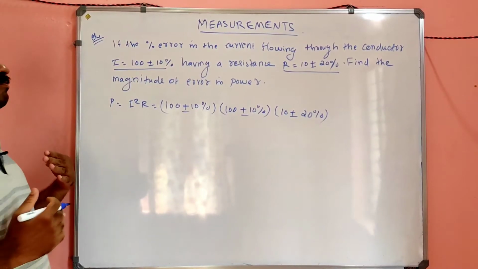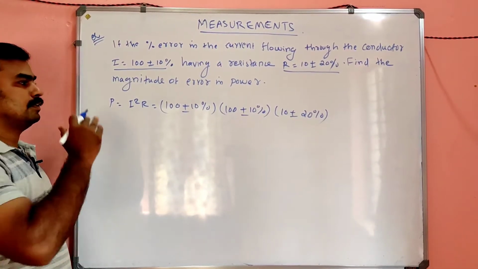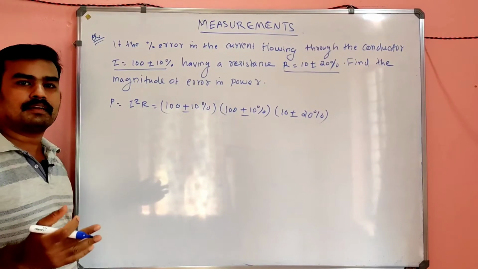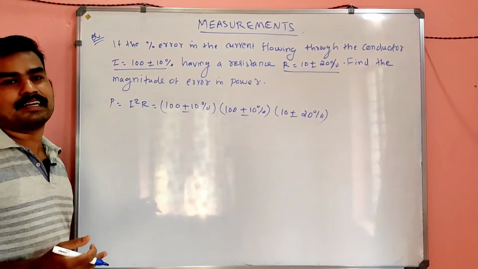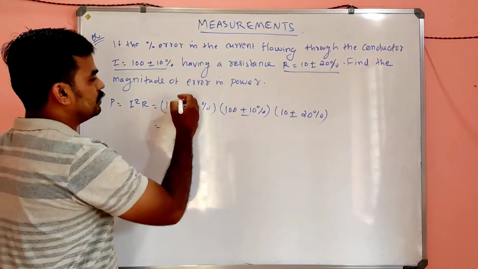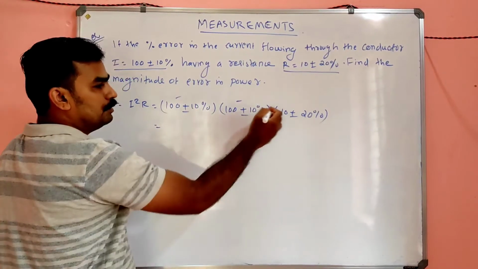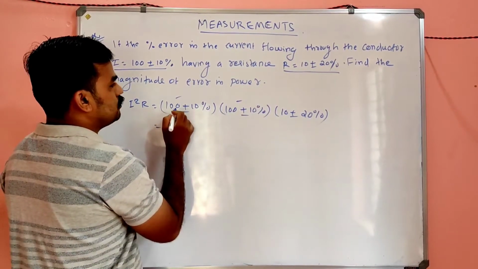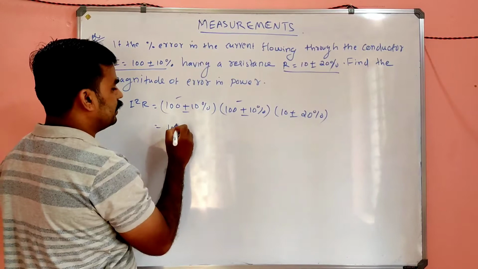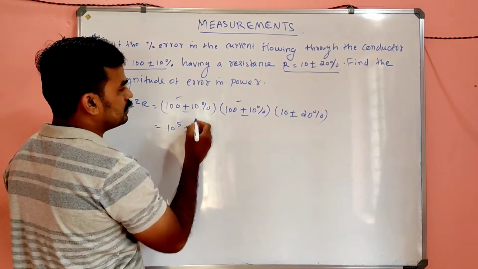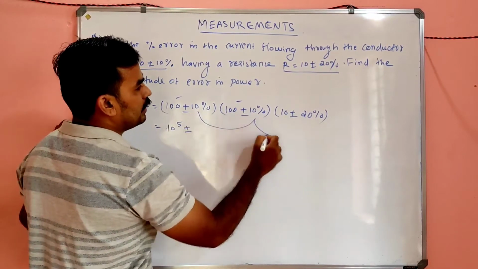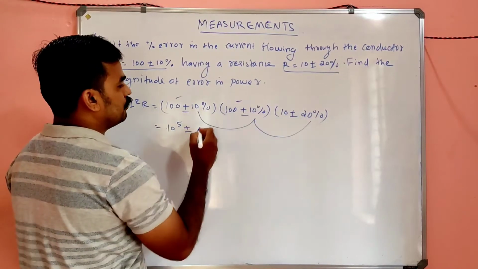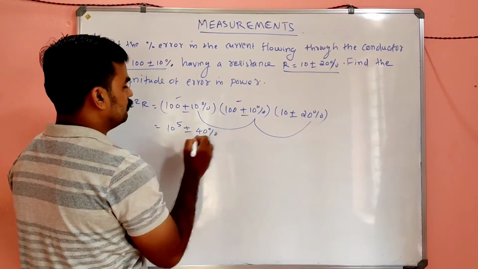So yesterday we learned that if it is in multiplication or division, the percentage of error can be added, correct? So you have to directly multiply: 100 into 100 into 10. So 10 raised to 2, 10 raised to 4, and 10 raised to 5. Am I correct? 10 raised to 5 plus or minus, add the percentages: 10 plus 10, 20, plus 20, 40%.